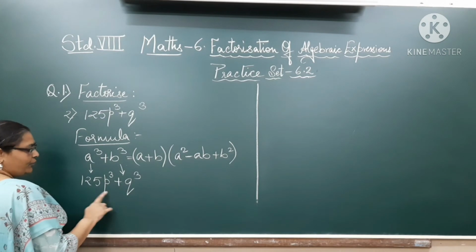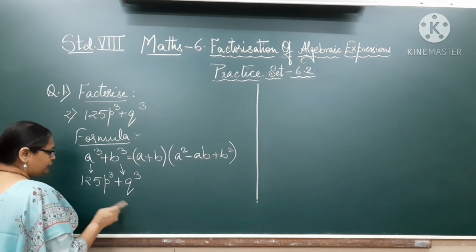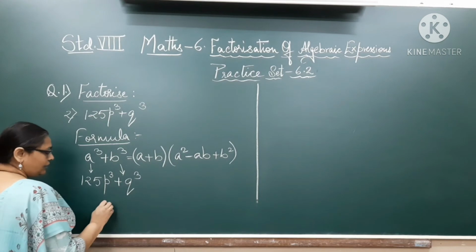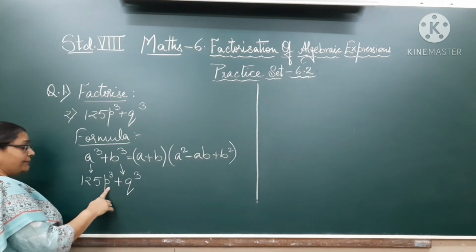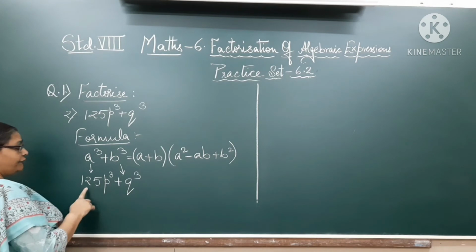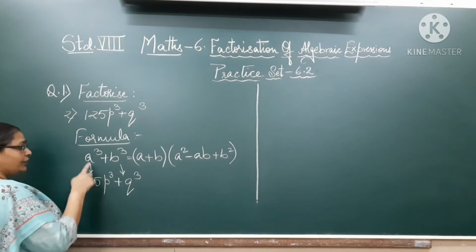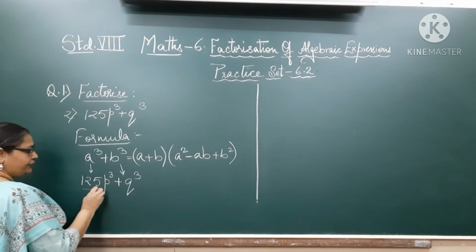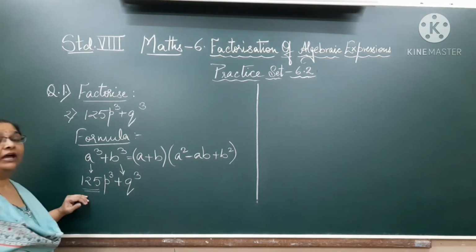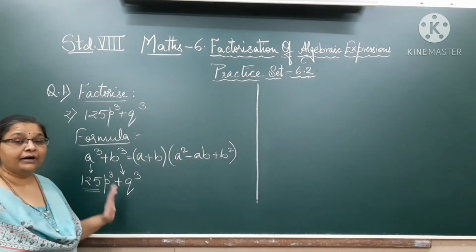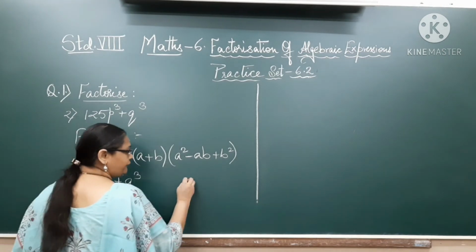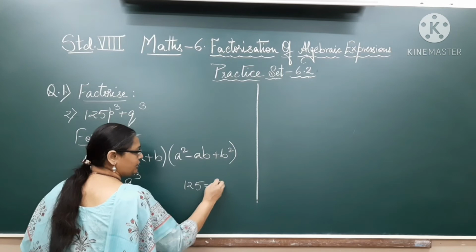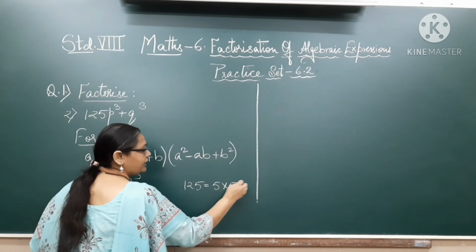Here too we have to find out the cube root of 125p cube. If this is a cube, then this coefficient should be a number whose cube is 125. I know 125 is equal to 5 into 5 into 5.